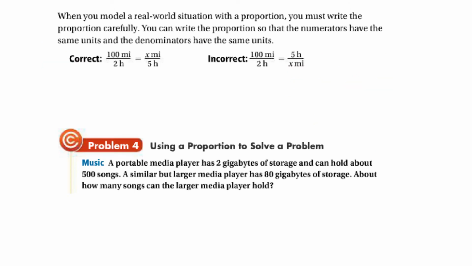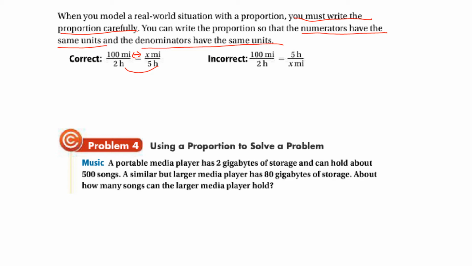Now we can model a real world situation with a proportion. We just have to make sure that we write the proportion carefully. You have to write the proportion so that the numerators have the same units and the denominators have the same units. So if we look down here, in a correct way to write it, you see that you have your miles on both sides at the top, and you have your hours on both in your denominator.